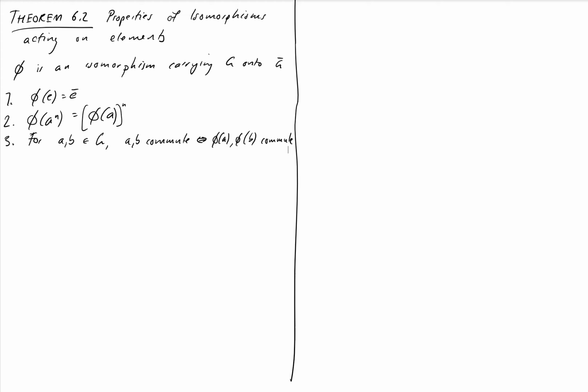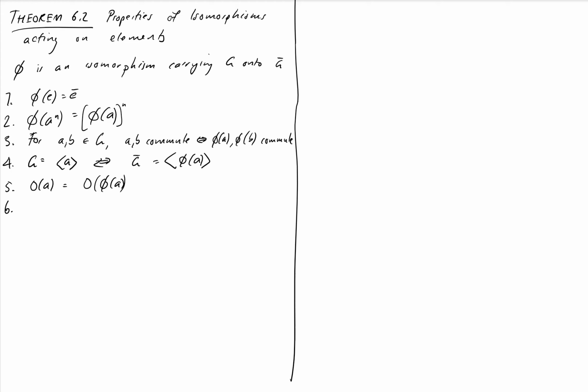Okay, the fourth one applies to cyclic groups, and it says that if we have a cyclic group G generated by a, then that means that G bar is also cyclic, and it is generated by phi of a. Okay, in a similar vein, the order of a is equal to the order of phi of a. Element orders are the same on both sides of an isomorphism.